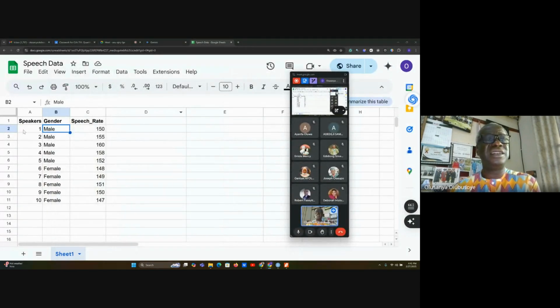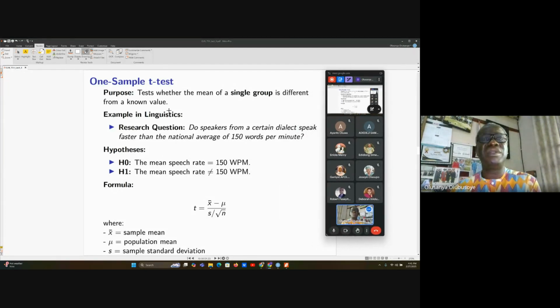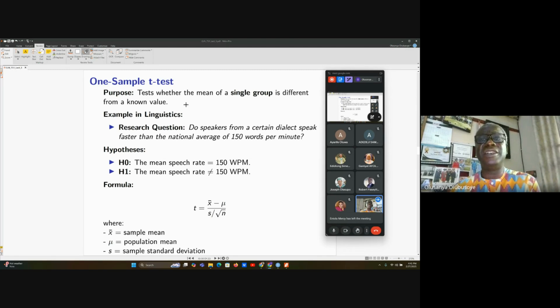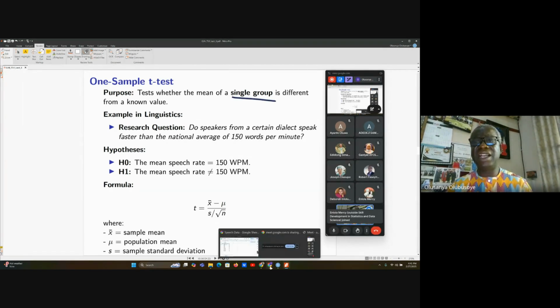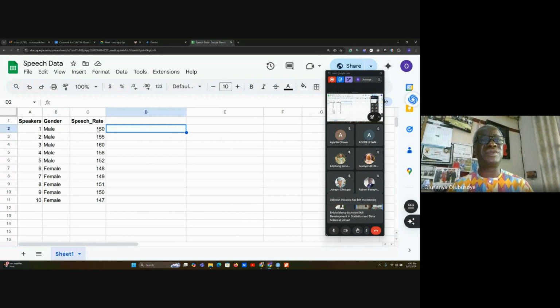We have 10 speakers, we have gender, and we have the speech rate. We want to test a hypothesis about a single group. In our data, how many groups do we have? You will see that we have two groups.